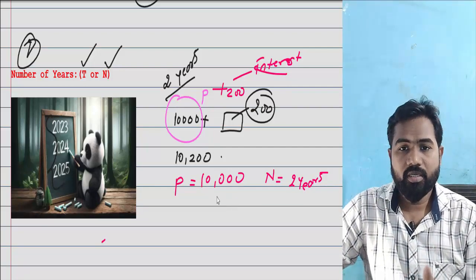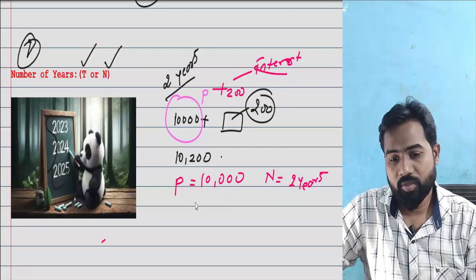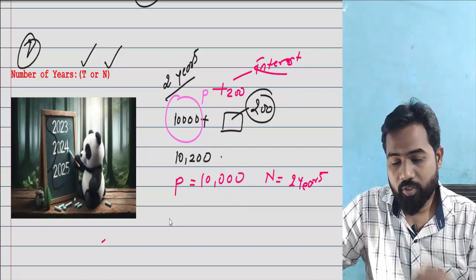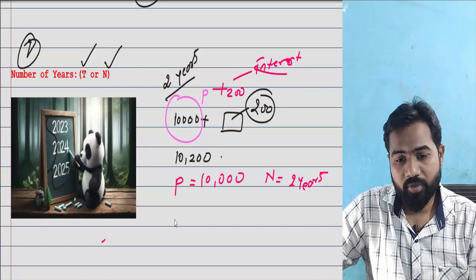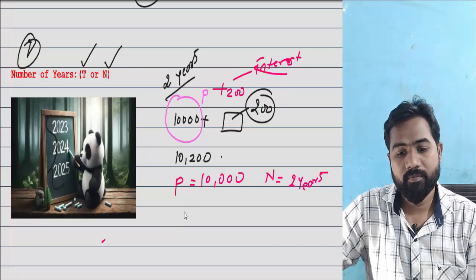So next, class, we need to find out the amount. You are going to pay the bank more than 10,000, and what is that? 10,200.